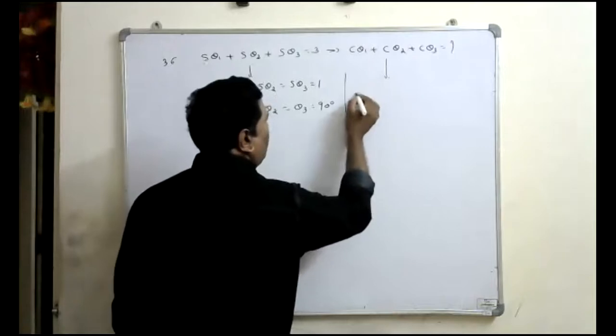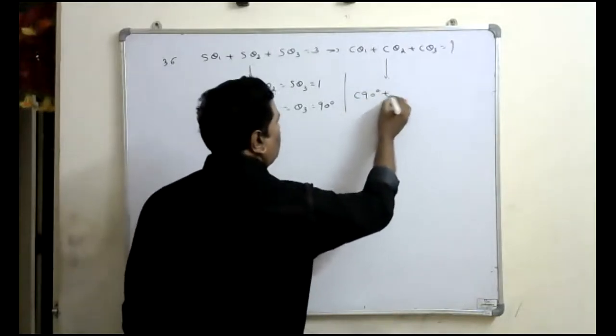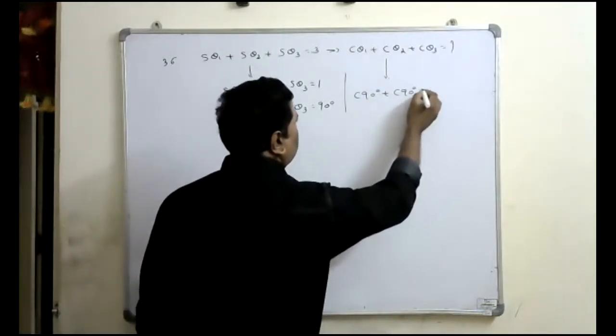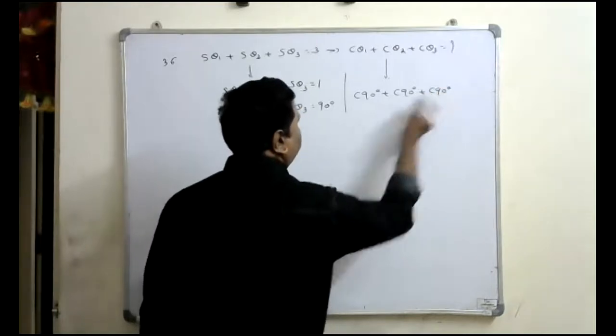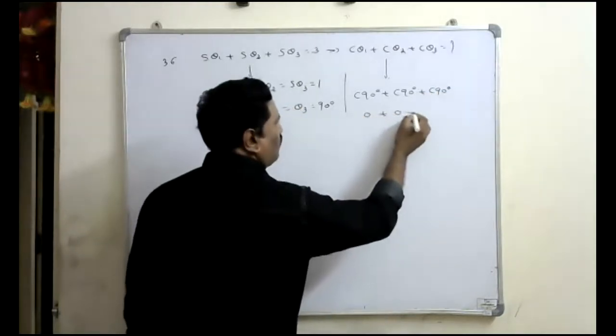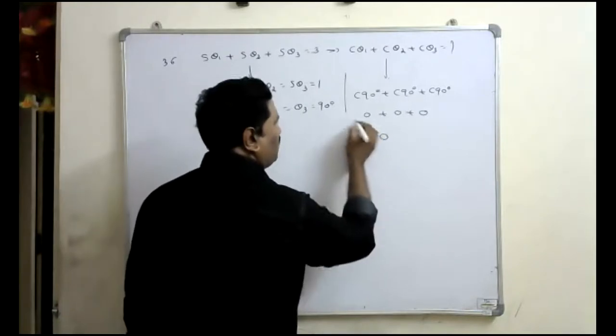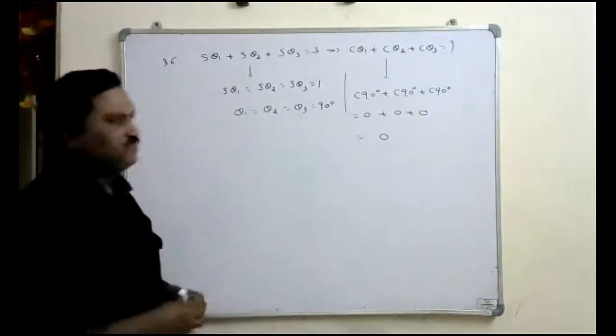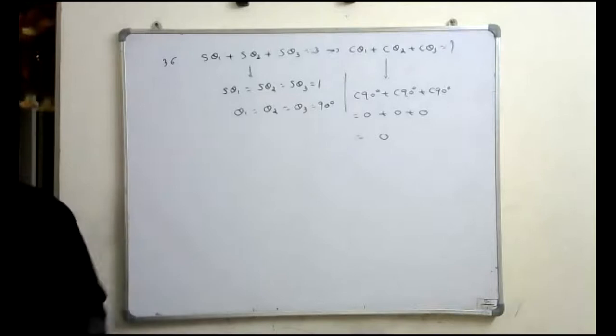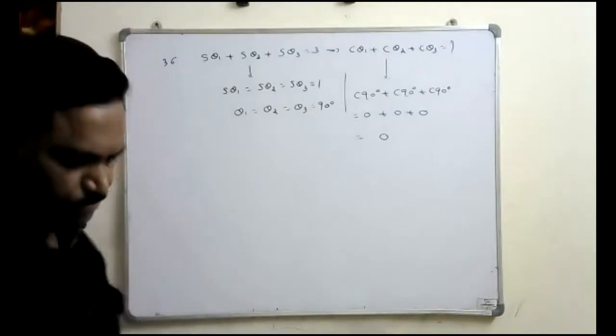If you substitute that here, cos 90 plus cos 90 plus cos 90. What is the value of cos 90? 0. The answer is 0. That's the logic.